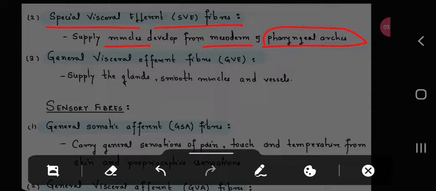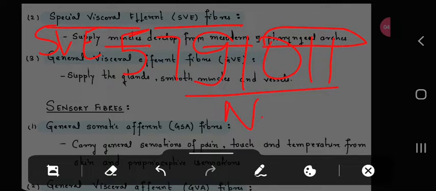SVE supplies 5, 7, 9, 10 and 11, and these are called nucleus ambiguus.